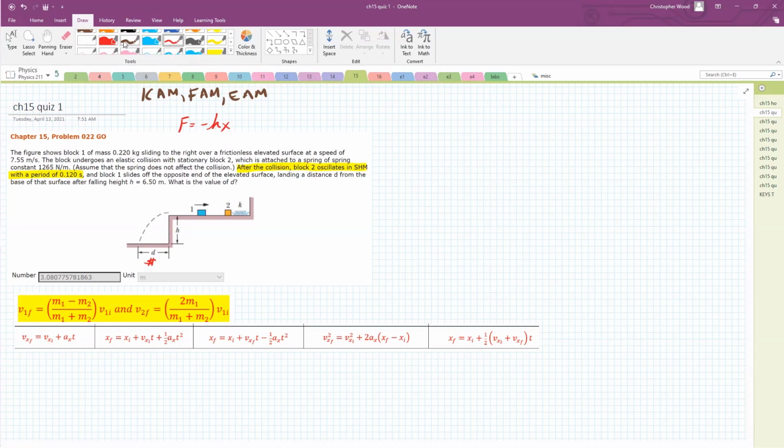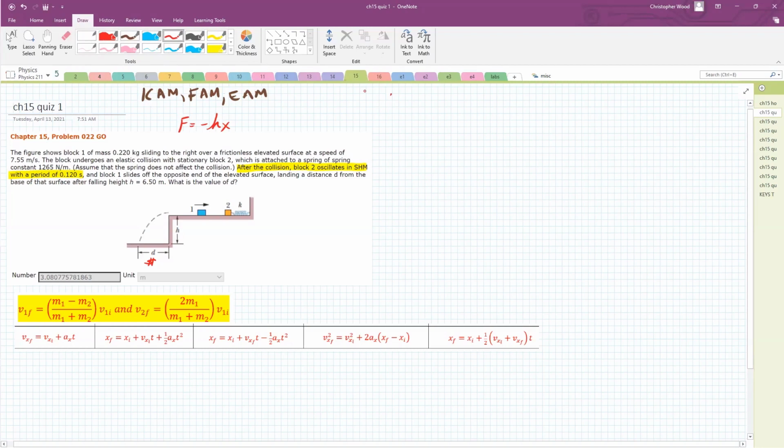All right, so step number one, I'm thinking impulse momentum theorem. I'm thinking J equals the integral of F dt equals delta p. Why am I thinking about this?